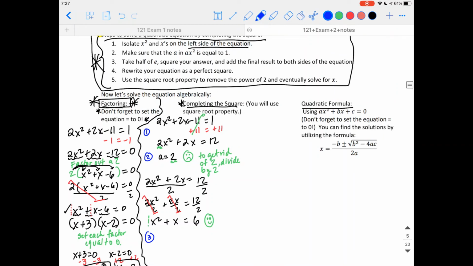Our e, I'm going to write it down here, our e is equal to 1. Now, which one am I talking about? Maybe I shouldn't have used this color here, I'm going to change it.